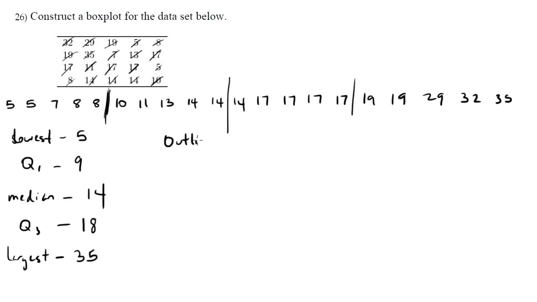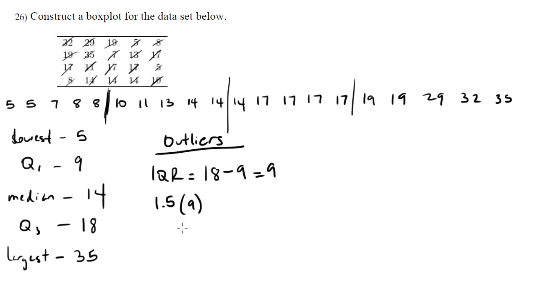So now let's check for outliers. The IQR, the interquartile range, is Q3 minus Q1. So 18 minus 9 is 9. Then I multiply 1.5 times 9, which is 13.5.